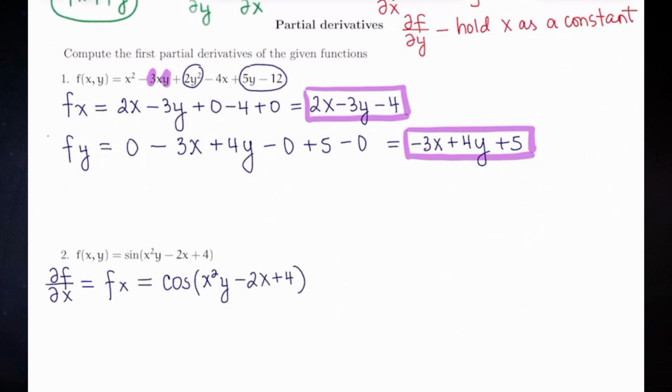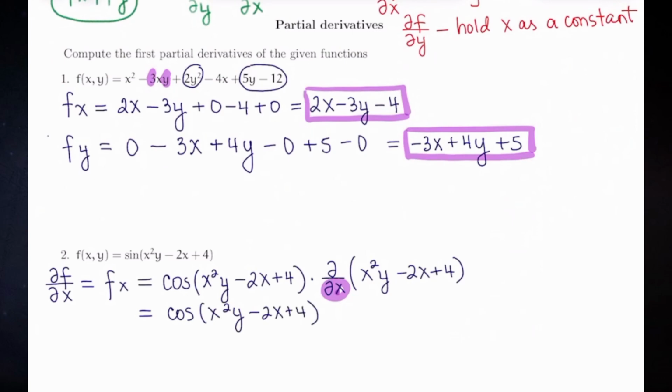So derivative of sine is cosine, times the derivative of the argument with respect to x. So I'm making a note here that whatever is inside, I'm going to differentiate it with respect to x. So cosine, just rewrite that, and now times the partial with respect to x.